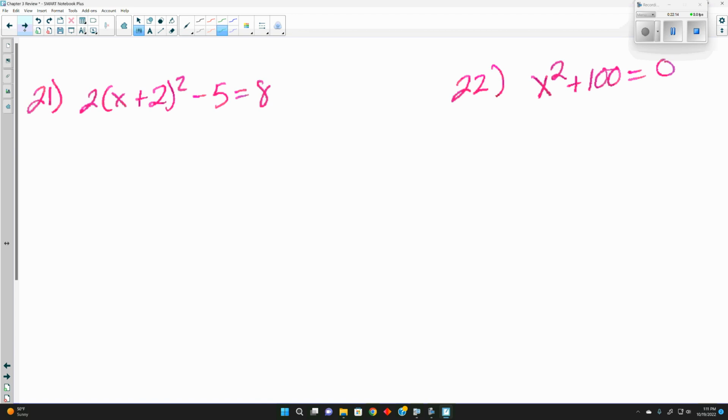So we could try graphing this. I could move that back over and see if we get whole number answers, but we won't. But since we have a set of parentheses squared, we can solve this by using the square root method. So I would add 5 to both sides.